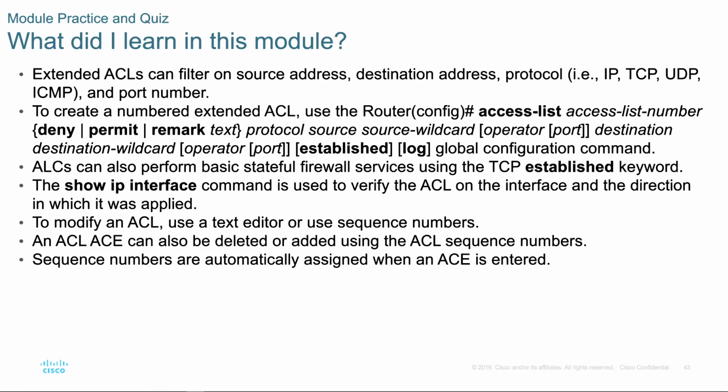Your action, then you have your source wildcard mask and source port numbers. Then destination wildcards, and then your destination port numbers. Then you've got the established and log options after that.